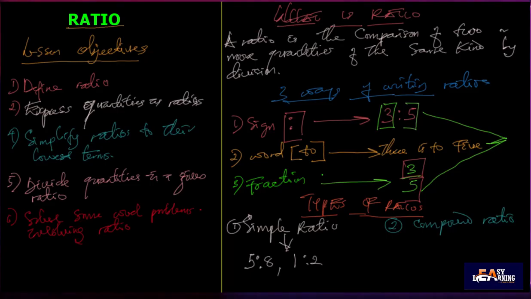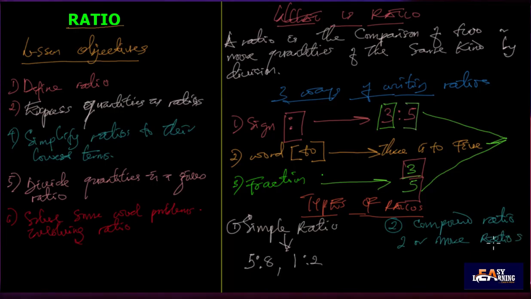Now compound ratio has to do with obtaining it by multiplication. It's always obtained by multiplication of 2 or more ratios together.